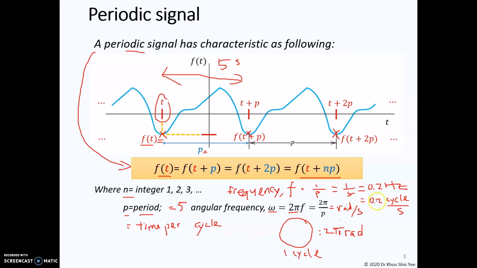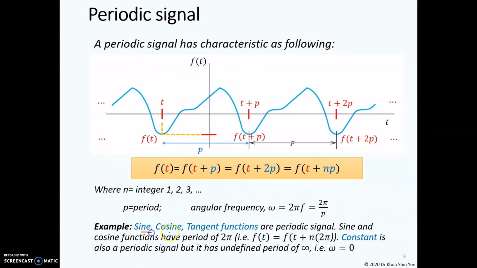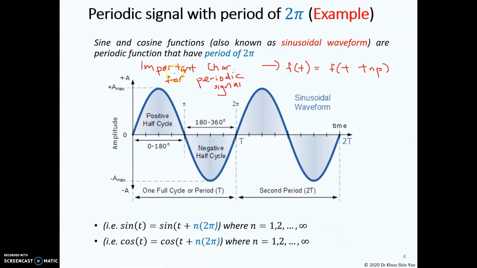So when you multiply 0.2 with 2 pi, you obtain 0.4 pi radians per second. Sine, cosine, and tangent functions are periodic signals where all of them can satisfy this formula. You must know the important characteristic of the periodic signal, which is f(t) equal to f(t plus nP), where n is an integer 1, 2, 3 and so on.